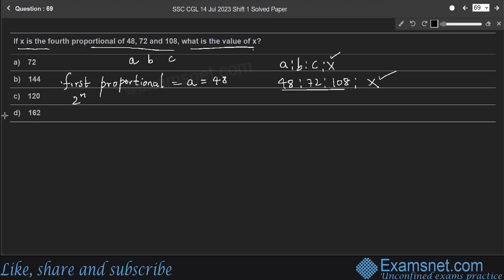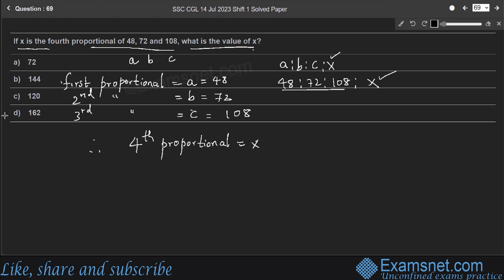The second proportional is B equal to 72 and the third proportional, let it be C, is equal to 108. Therefore, if three proportionals are given, then the fourth proportional you can consider as D or X.